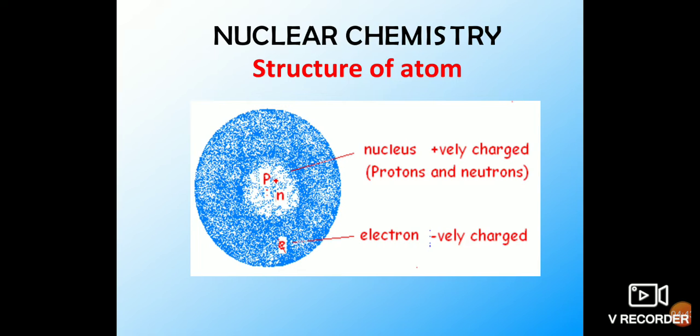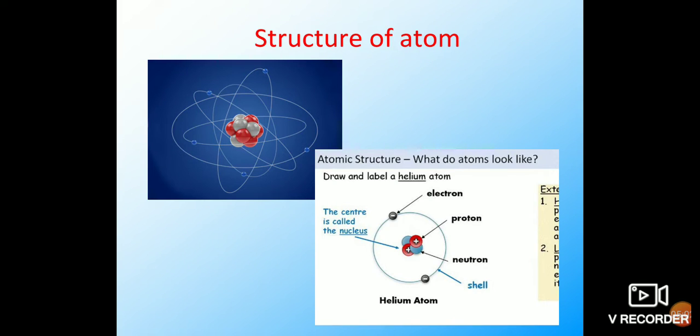Protons are positively charged, neutrons are chargeless, and around that nucleus electrons are revolving around the nucleus, and that electrons are negatively charged. And see here, this is another picture that will make clear the structure of the atom. See here, in the central core there is a proton and neutron.